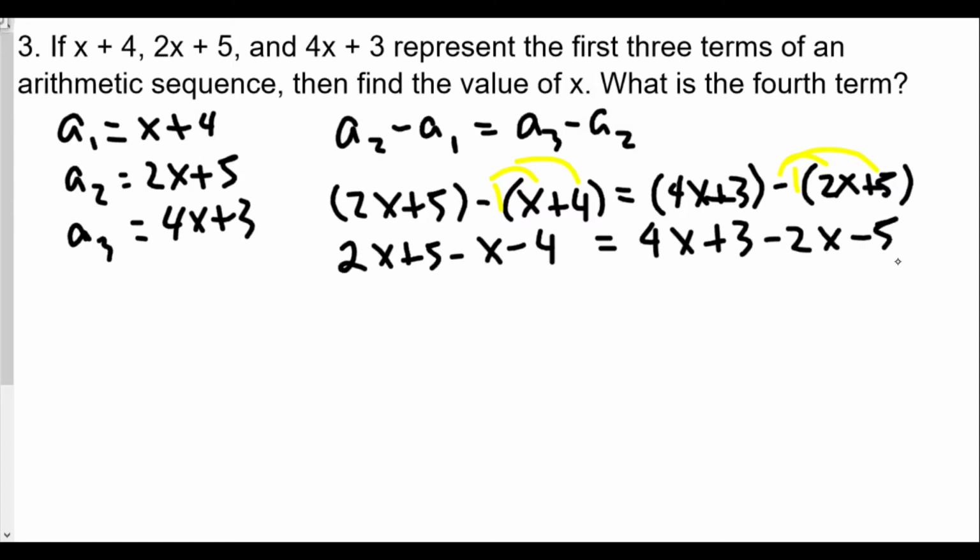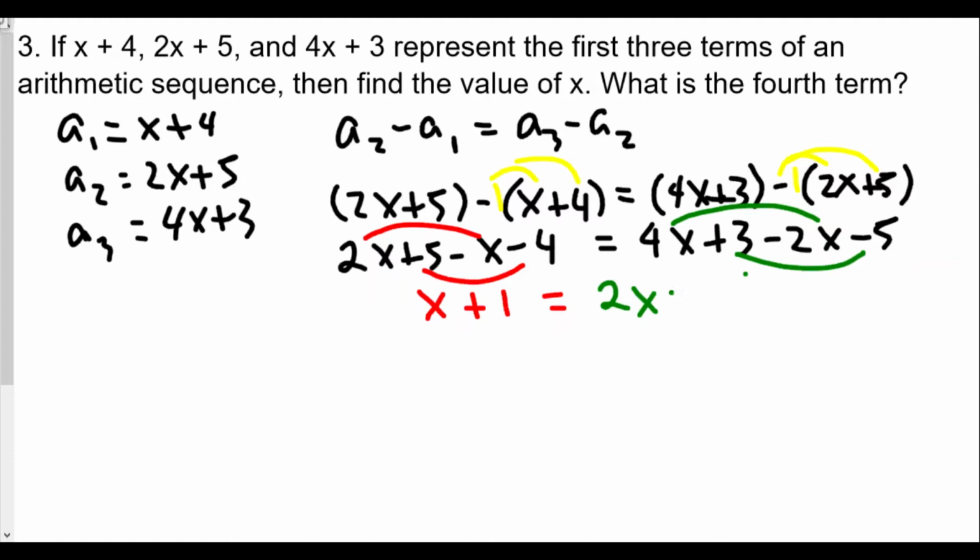Now combine like terms. On the left side, 2x minus x gives us 1x, and 5 plus -4 is +1. So x plus 1 on the left side. On the right side, 4x minus 2x is 2x, and 3 minus 5 gives us -2.